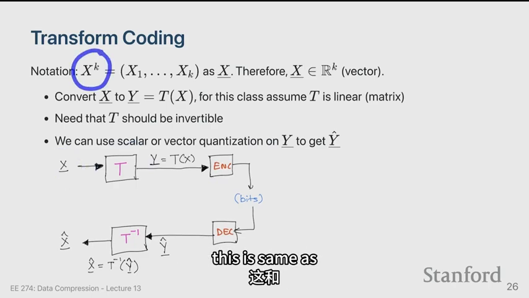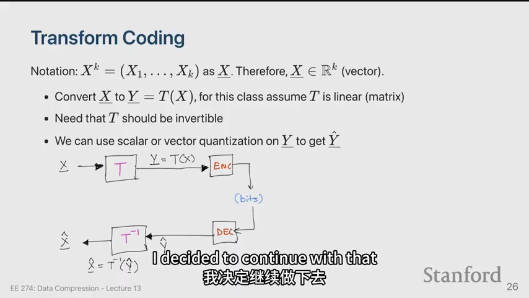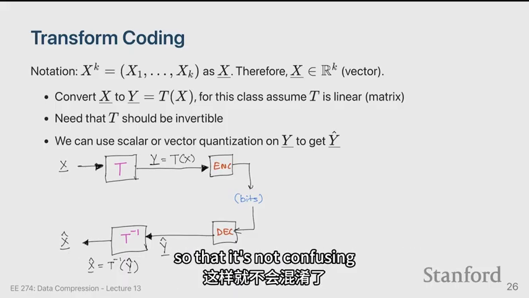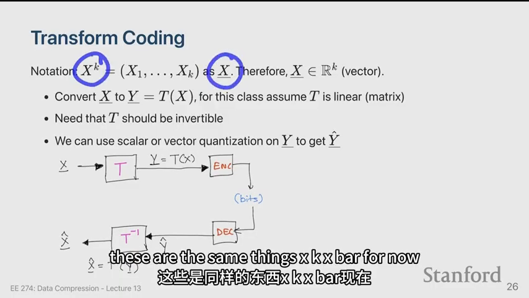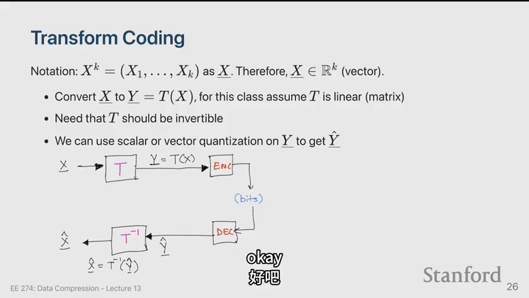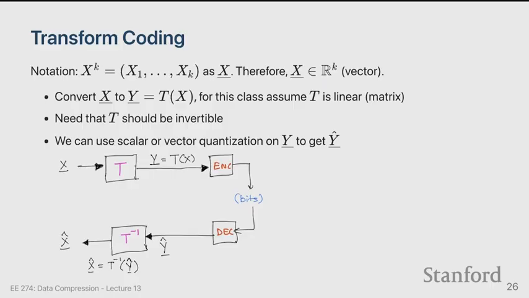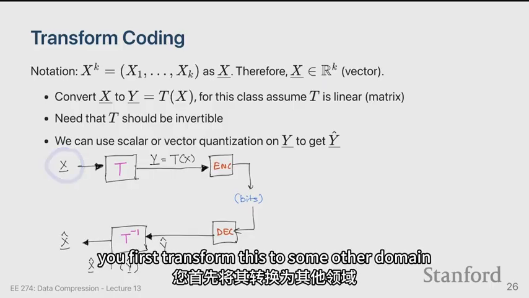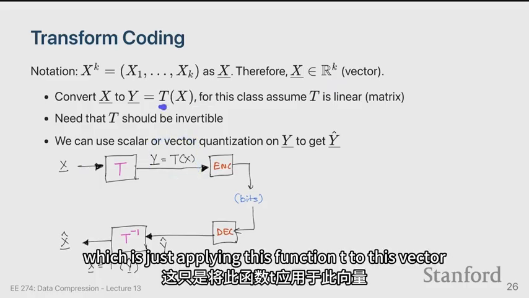So this is the same as X K tuple; in the notes somewhere we use X bar, so I decided to continue with that so that it's not confusing. So these are the same things, X K, X bar. Okay, so you have some, let's say, K dimensional vector. You first transform this to some other domain, which is just applying this function T to this vector.